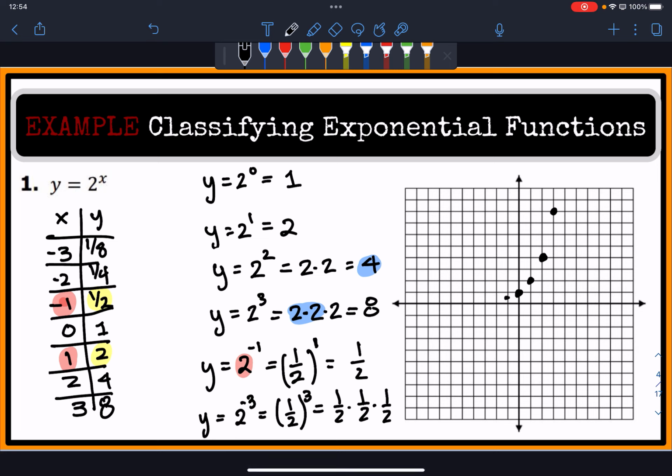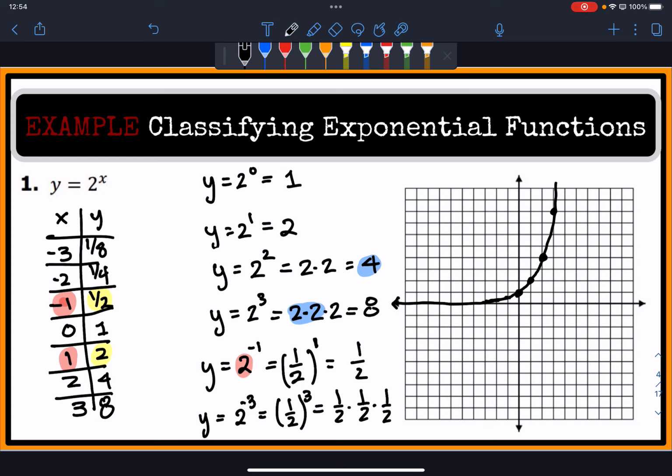When x is negative 2, the y value is 1/4. So that'll be 1/2 of 1/2. So that will be in the middle between 0 and 1/2. And then the last value, when x is equal to negative 3, the y value is 1 over 8. So that will be halfway from the last one. So if I connect these points with a curve, my graph will look like this.